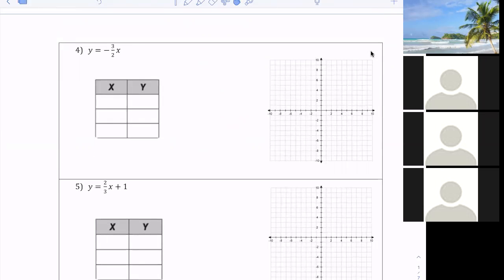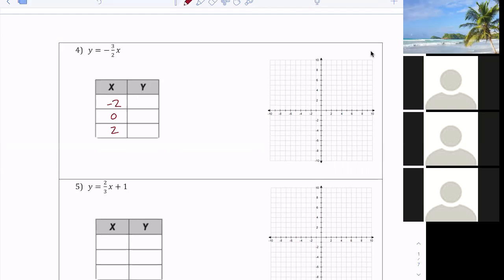Now we're going to graph y equals -3/2 x. So what numbers am I going to plug in here, guys? Again, I'm typing in -2, 0, and 2. All right. Now type those in.